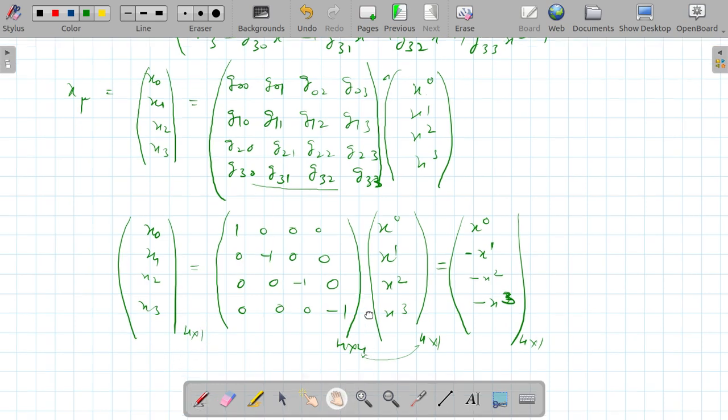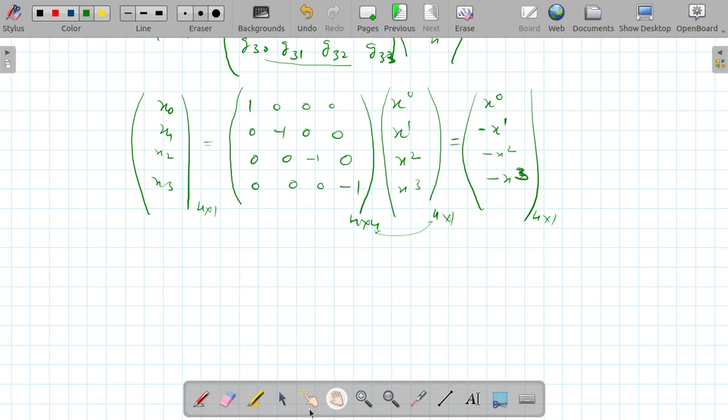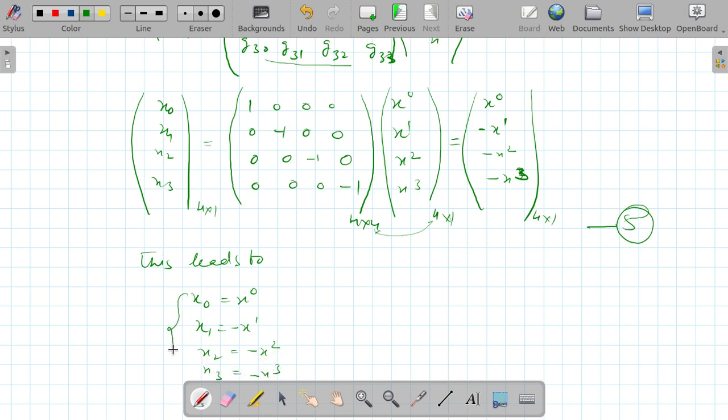So this is equation number 5, and this equation leads to the following conclusion: the covariant components are x0 equal to x0, x1 equal to minus x1, x2 equal to minus x2, and x3 equal to minus x3.